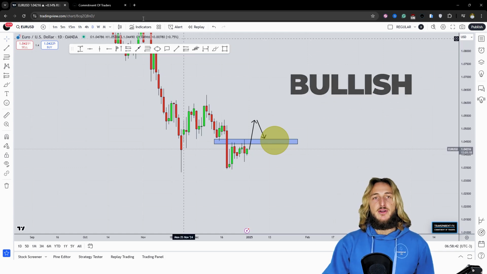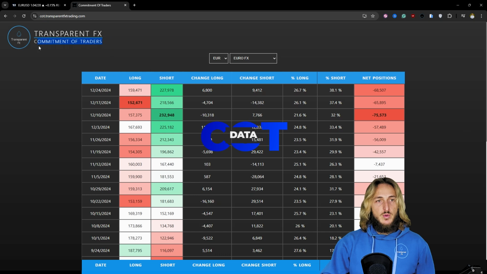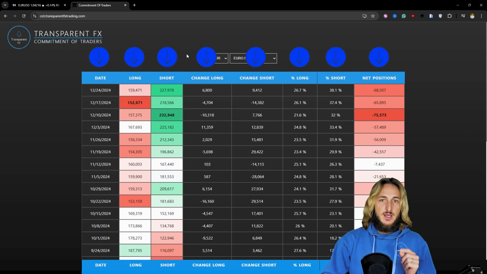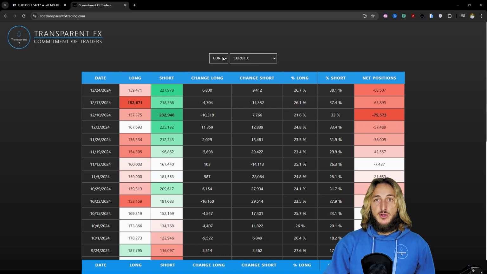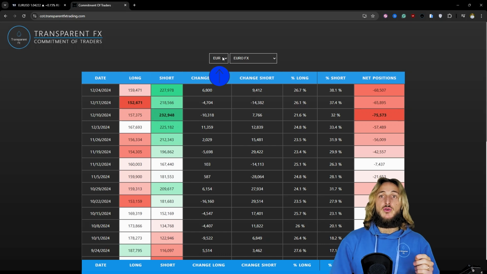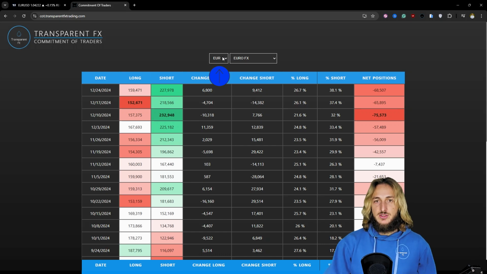Now, speaking about institutional longing, if we go and see what we have when it comes to the commitment of traders, so what the big players in the market are doing, and we look at the data precisely for the euro, the first thing that we have to keep in mind is that if we're looking at the euro, we're actually already looking at euro USD, because all currencies on the spot are traded against the USD.